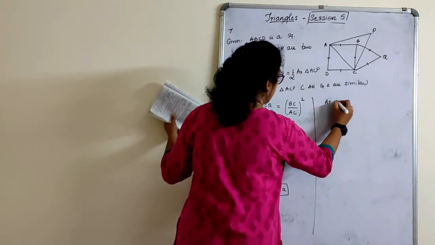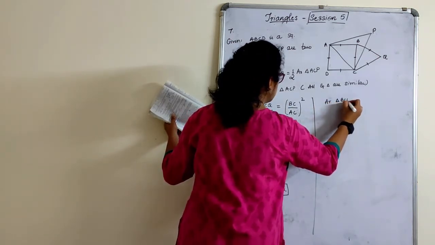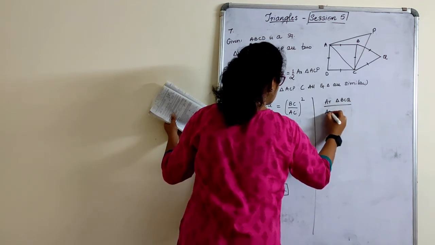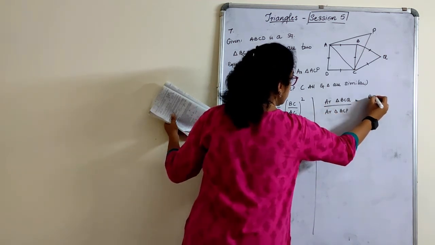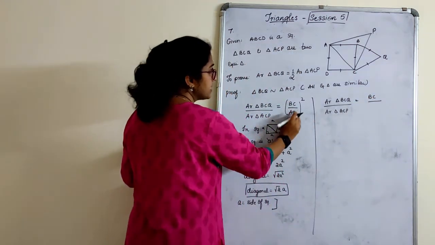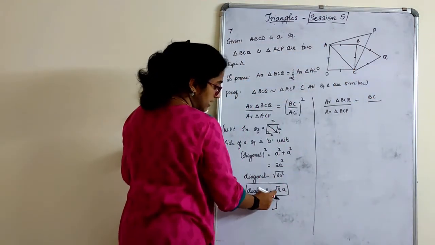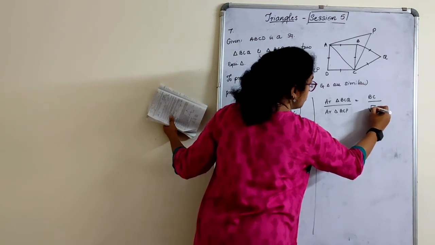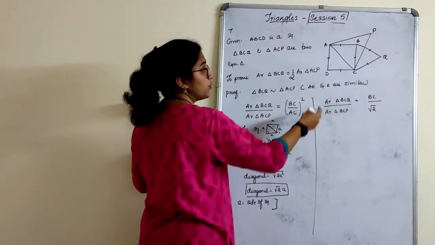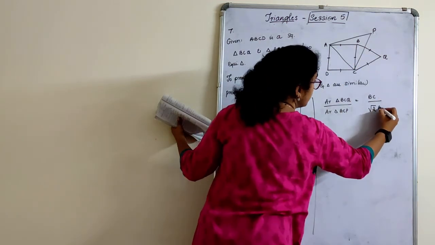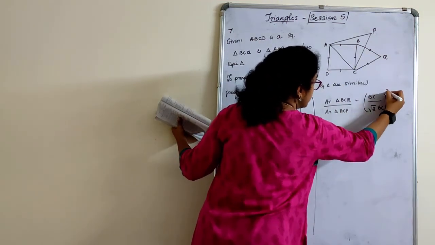Area of triangle BCQ to area of triangle ACP: BC as it is, and AC is nothing but the diagonal. Diagonal is given by root 2 a, where a is nothing but any side of the square. Shall I use BC only? Why? Because already we have BC there.